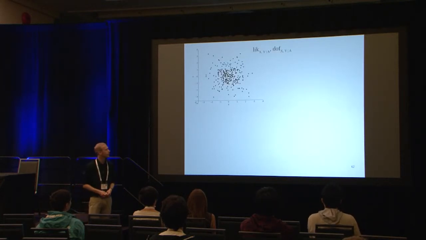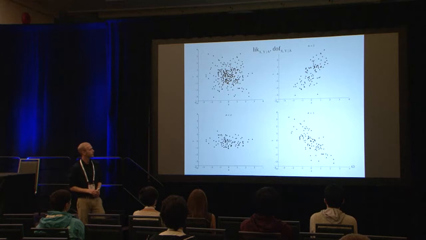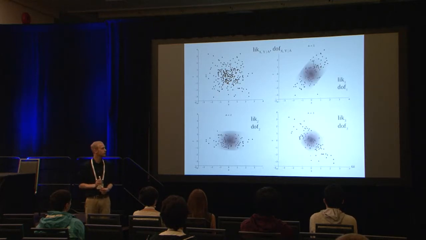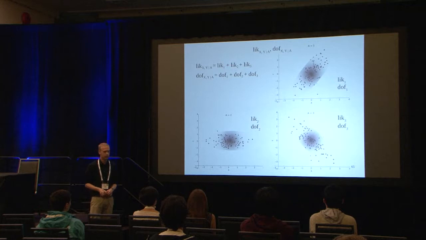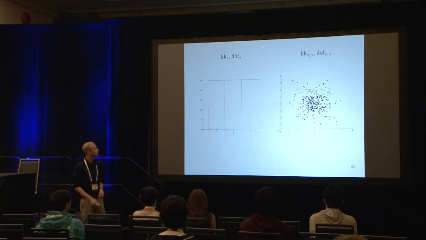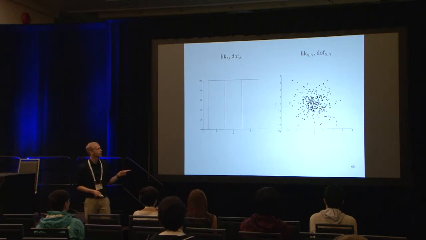The first, we've already seen how to calculate this. We're going to partition, fit a Gaussian to each one of these. That'll give us the log likelihood and degrees of freedom terms. We can sum them together and get our total log likelihood and degrees of freedom terms. And then for the second two, we can just fit a multinomial for a and a Gaussian for x, y, respectively.